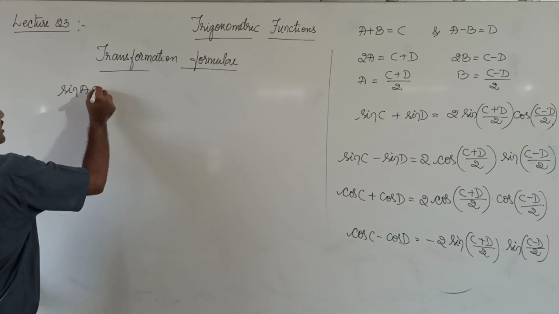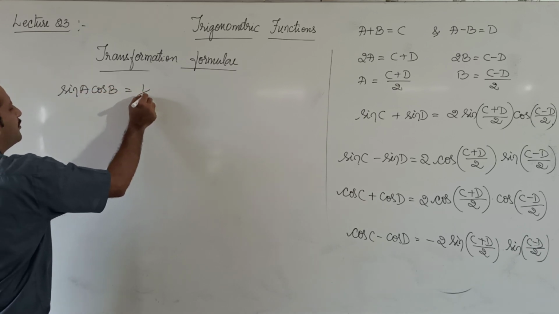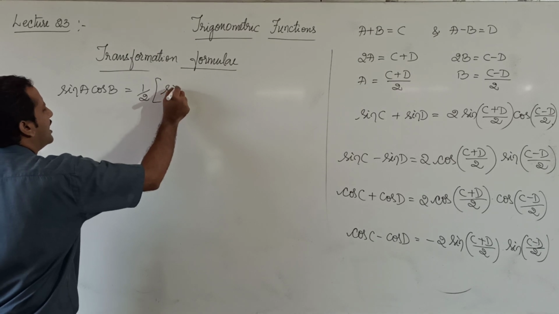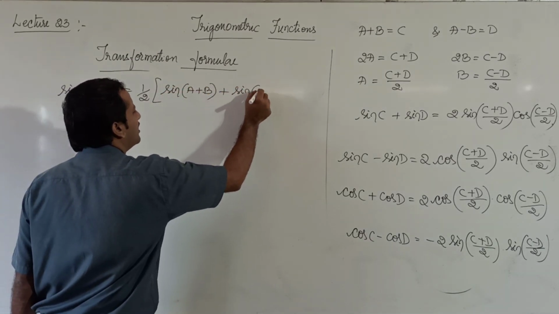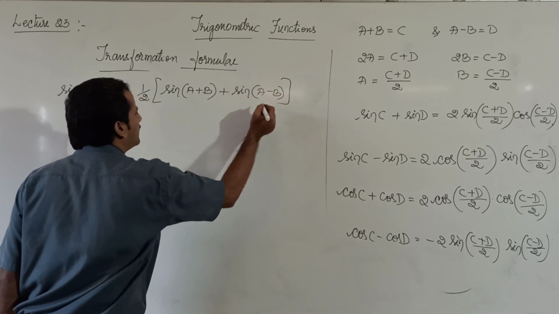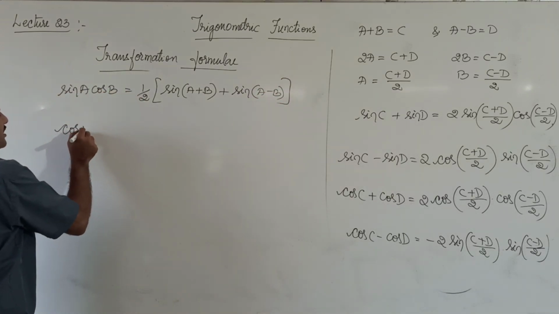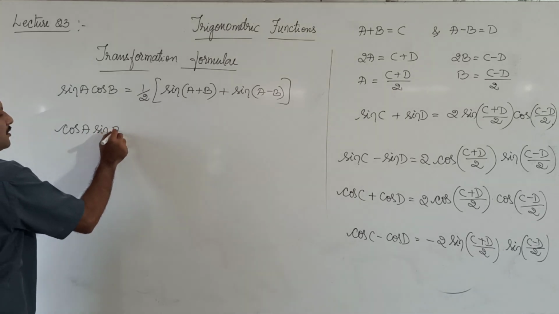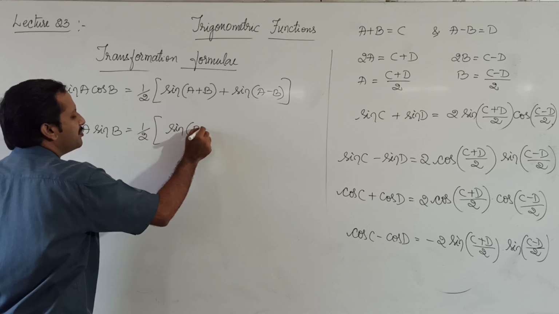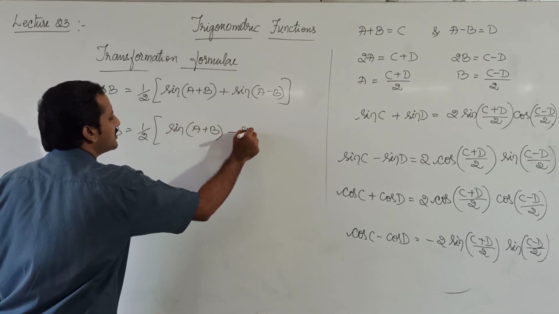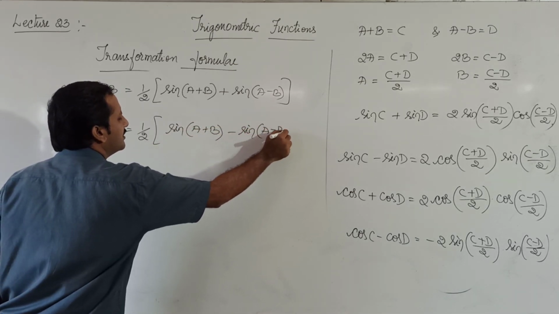Sin a cos b is equal to 1 by 2 into sin (a plus b) plus sin (a minus b). Cos a sin b is equal to 1 by 2 into sin (a plus b) minus sin (a minus b).